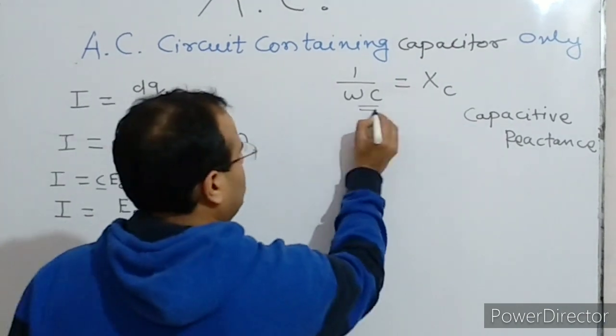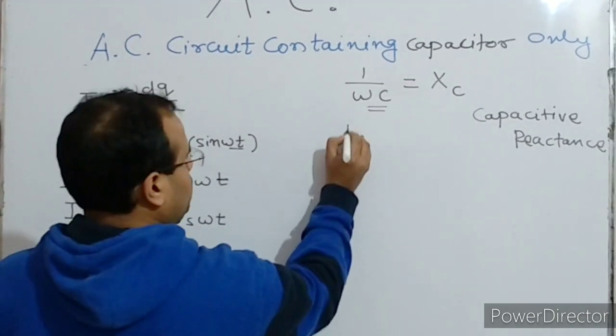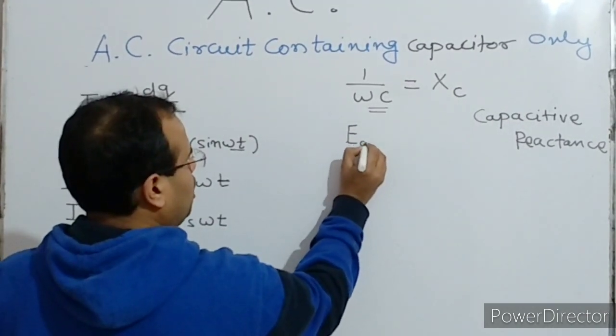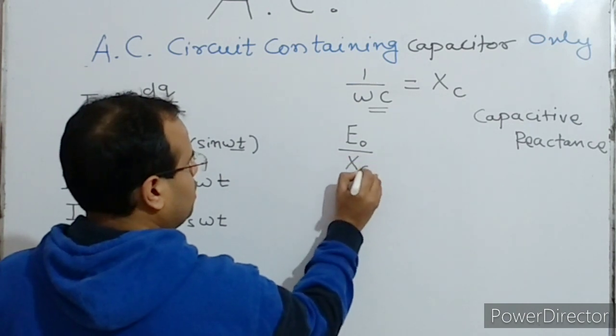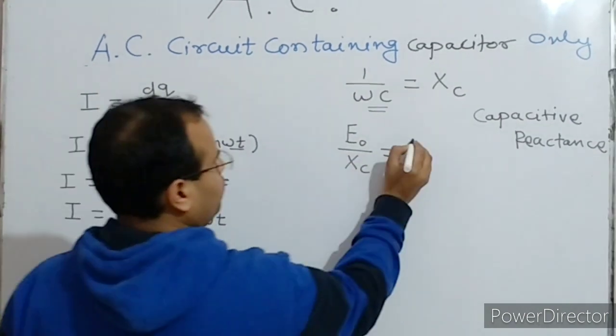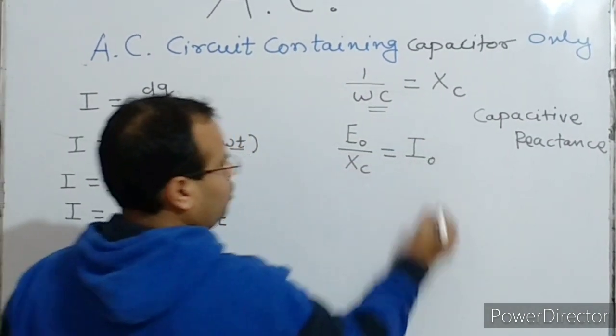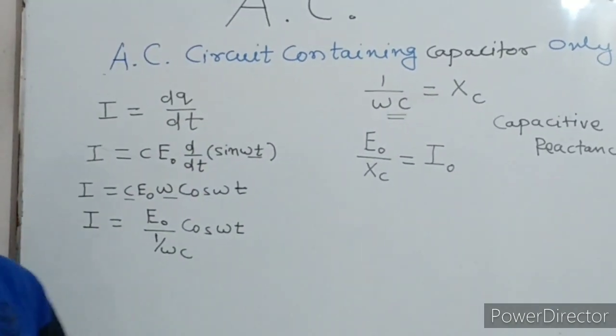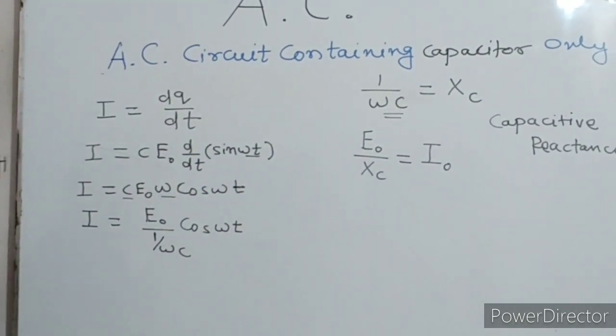So Xc is equal to 1 upon omega C, and also E naught upon Xc is equal to I naught.